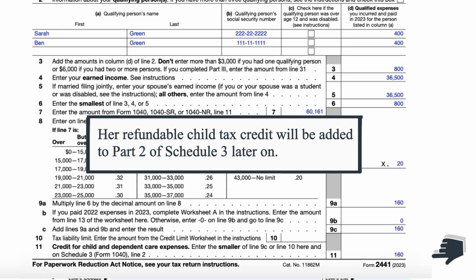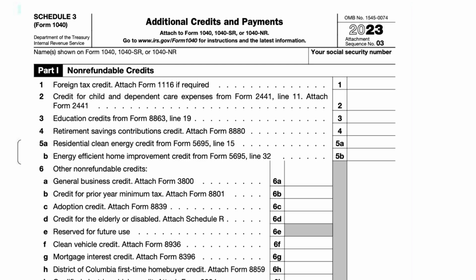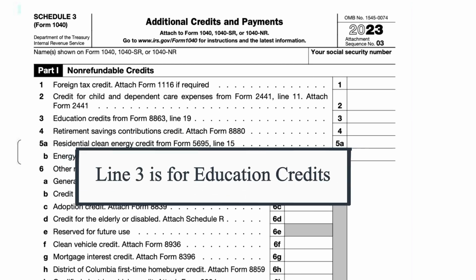Line 11 is the total amount of credit that Emily can take for the dependent care expenses. The amount that she can deduct is refundable because she resided in the US, and so this amount will be added to Schedule 3 as a refundable credit later in this video. For line 3, Emily had expenses of $2,400 from a course that she took at a local college.